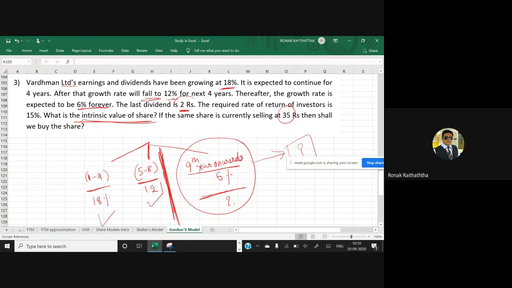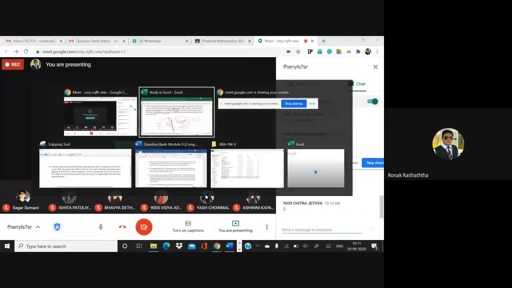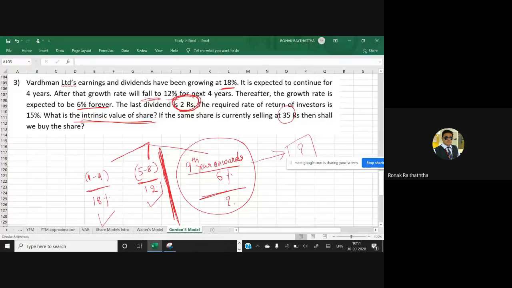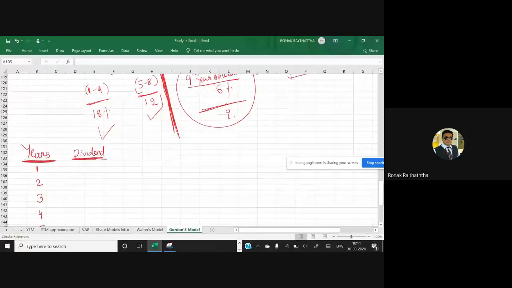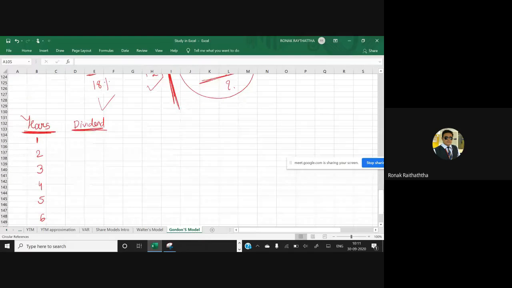Is any information given to us here? Unmute yourself and let me know. All of you. ₹2. Yes, Miss Chitra, you could have unmuted yourself. There is nothing wrong in that. Okay. So ₹2 is the last year's dividend.